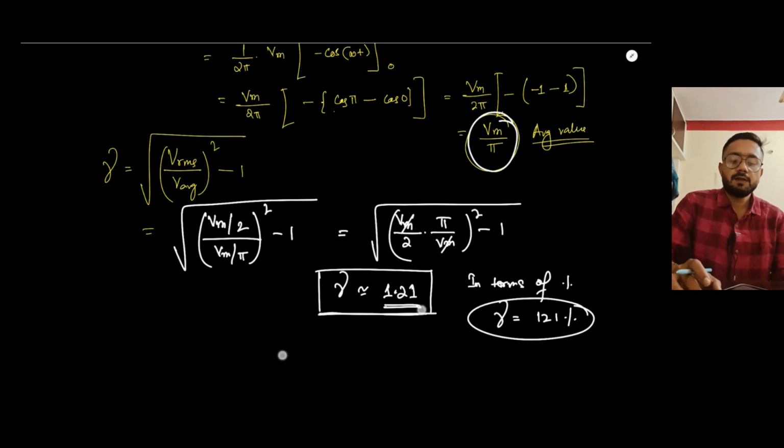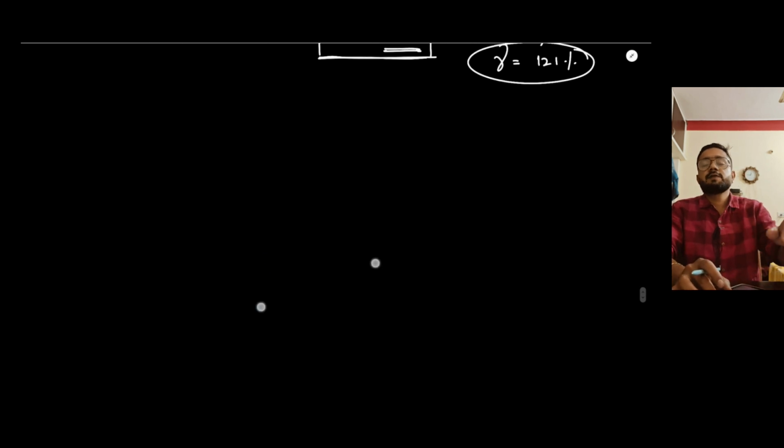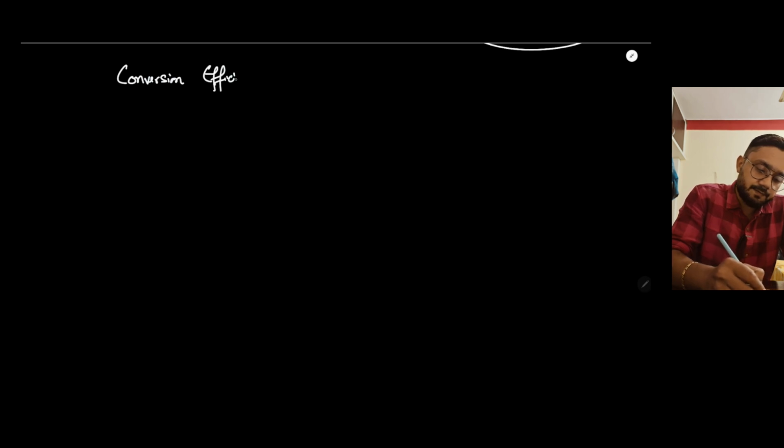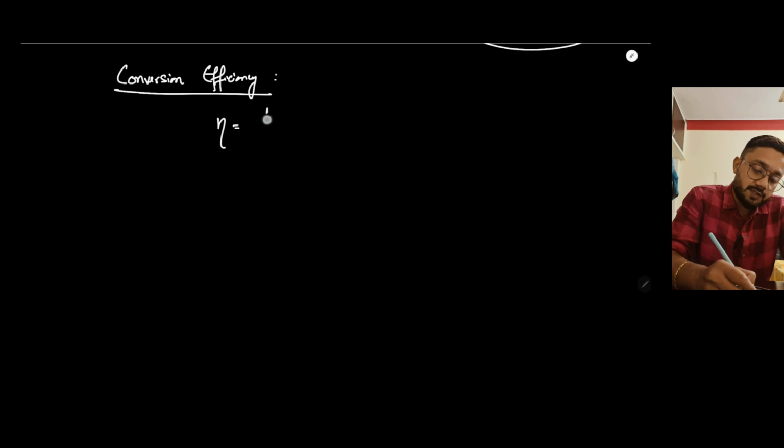So after ripple factor, we have one more index which we call the conversion efficiency. So what is the formula of the conversion efficiency? It is P dc by P ac. What are P dc and P ac?